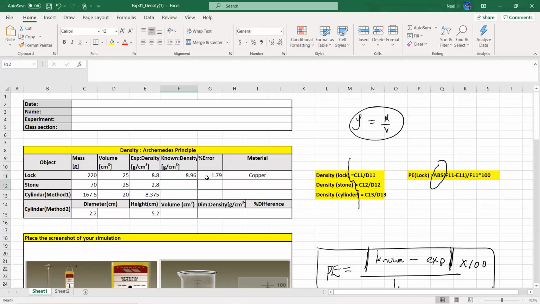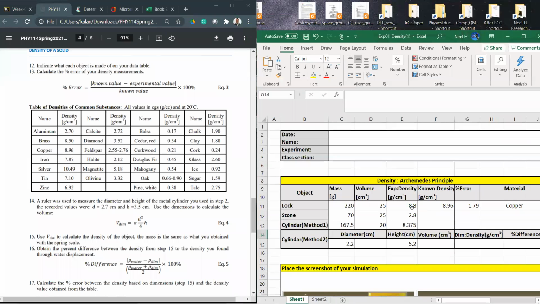Okay, yeah. Professor, can you repeat how you got it? I got the density for the experiment, but I don't know how to get the density for the known. You have to read that from the table right here. You need to find which one is closest to 8.8.